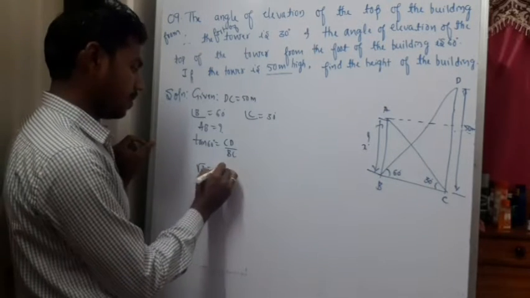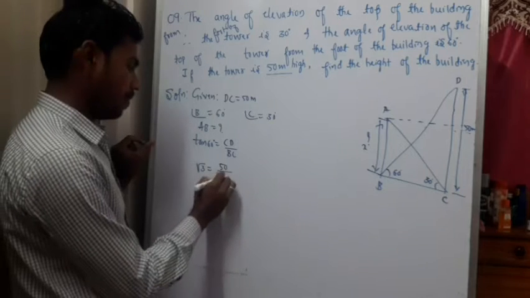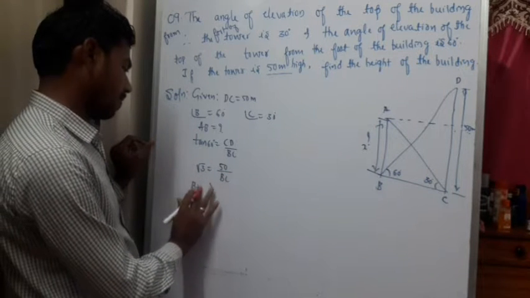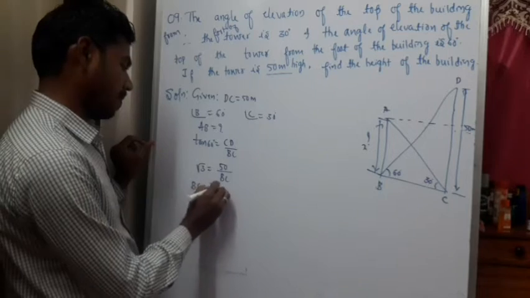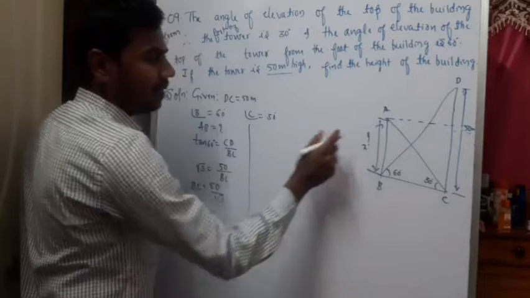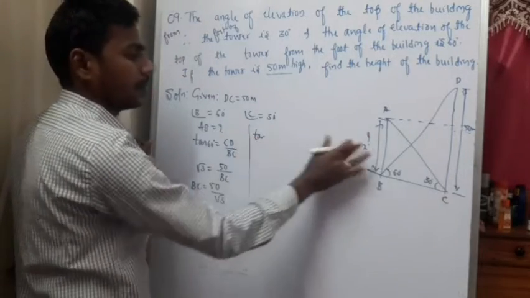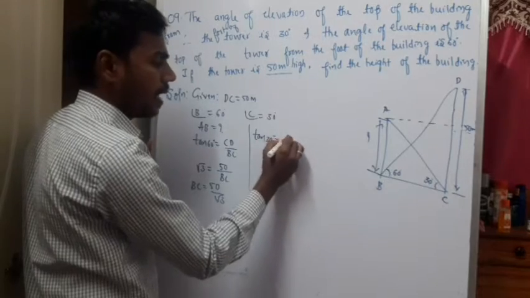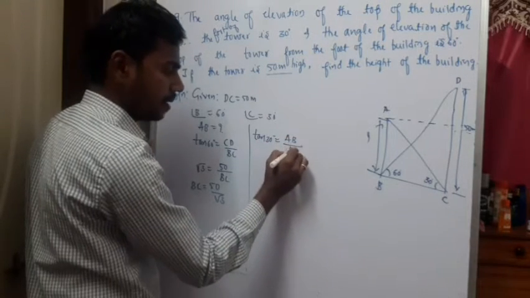CD is 50. What is BC? We don't know, we'll keep it as it is. BC is equal to 50 by root 3. Next, tan 30. We need to calculate tan 30, which is equal to AB divided by BC.